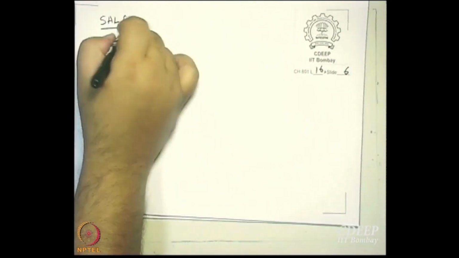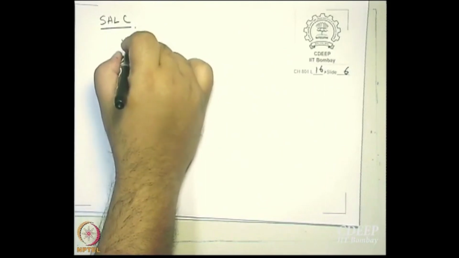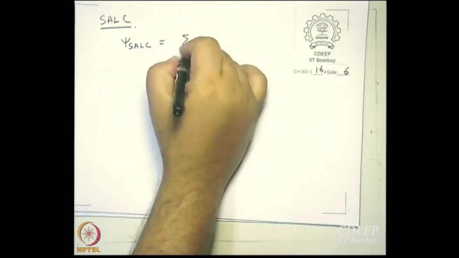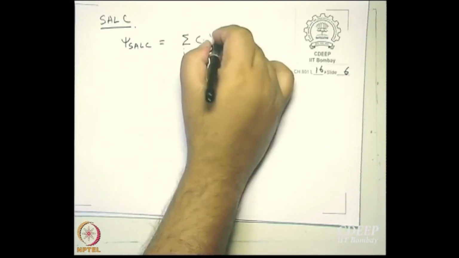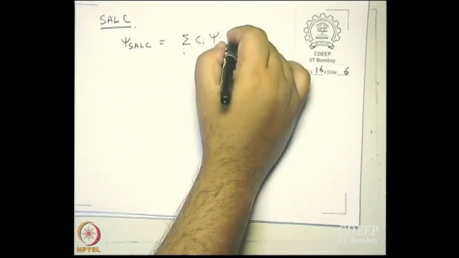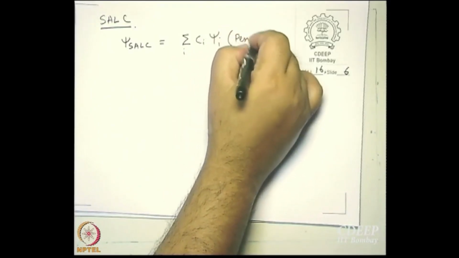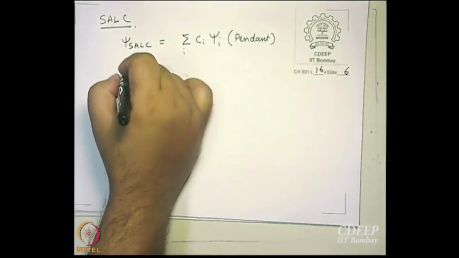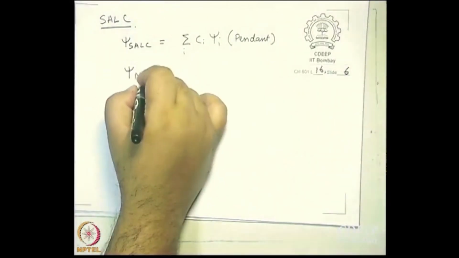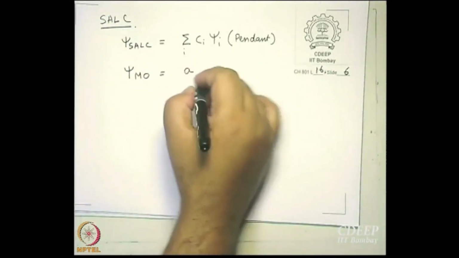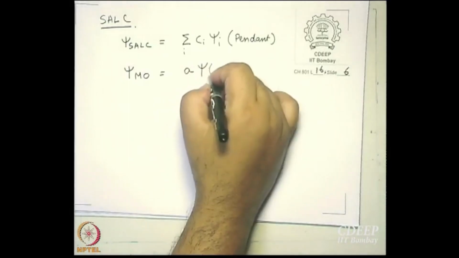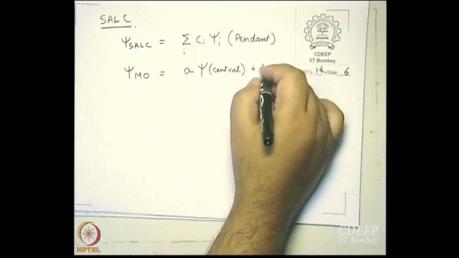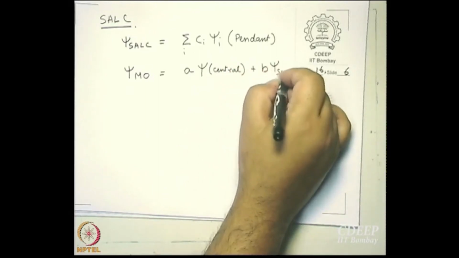In the SALC approach, what you do is, you construct the symmetry adapted linear combinations from the atomic orbitals of the pendant atoms that are likely to participate in bonding. And then you construct the molecular orbitals by taking an appropriate linear combination of the psi of the central atom plus the SALC.